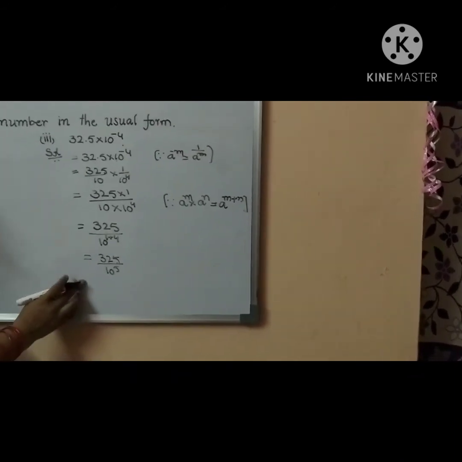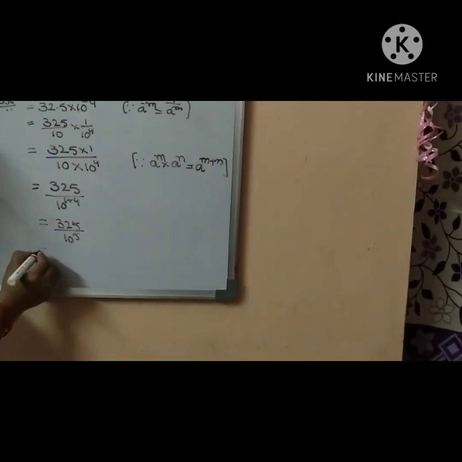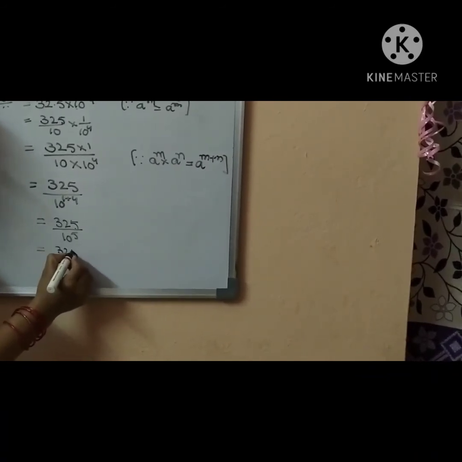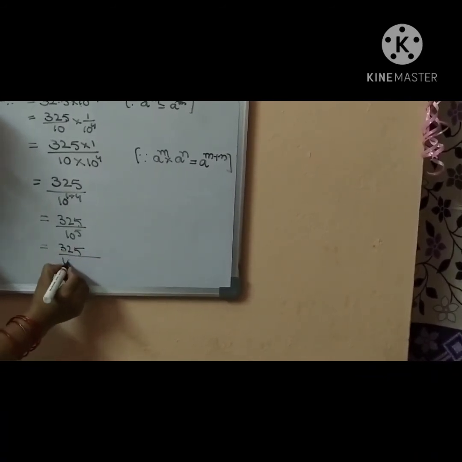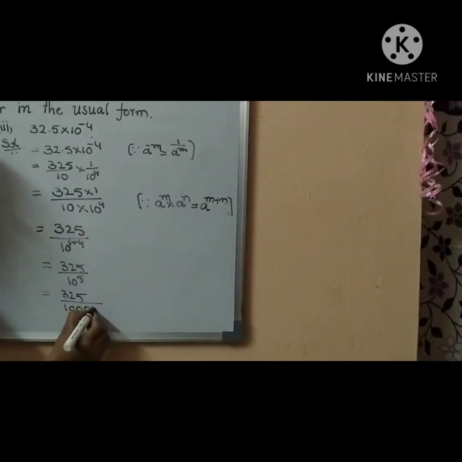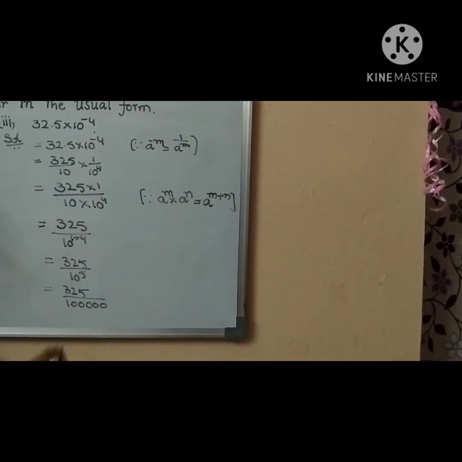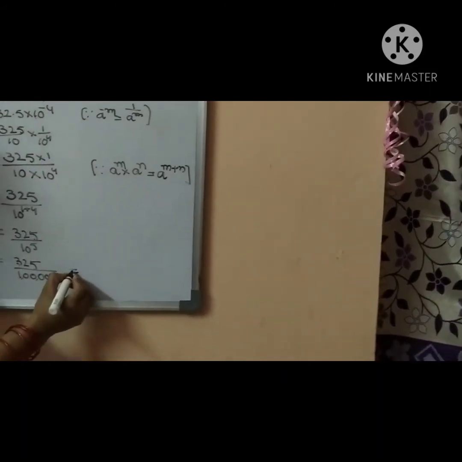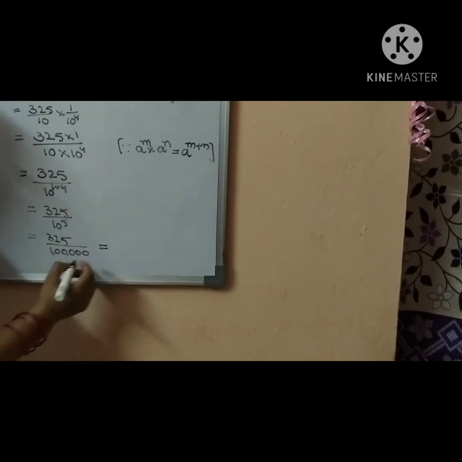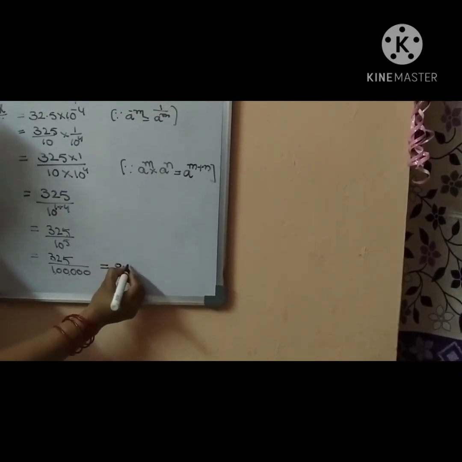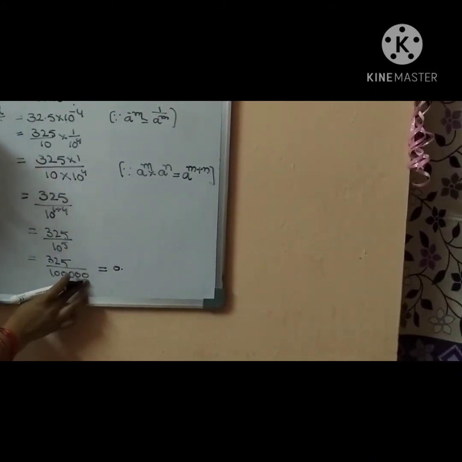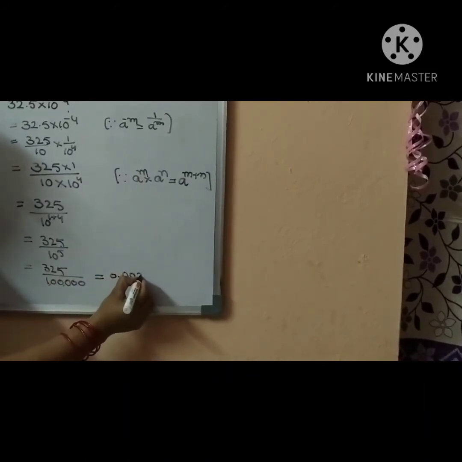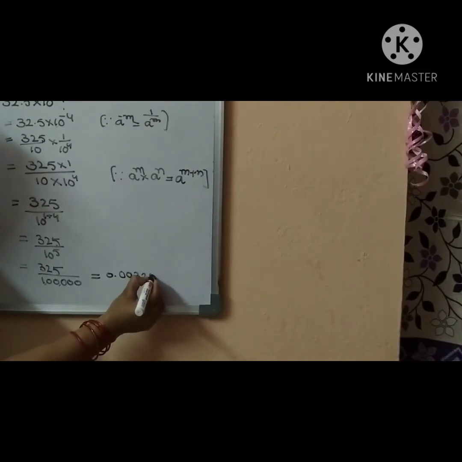Next, 10 power 5 means you write 325 by 1 after 5 zeros. Okay. Right, here it is changed to the usual form. 0 point, how many digits are there? 1 2 3 4 5. Here write 0 0 3 2 5.